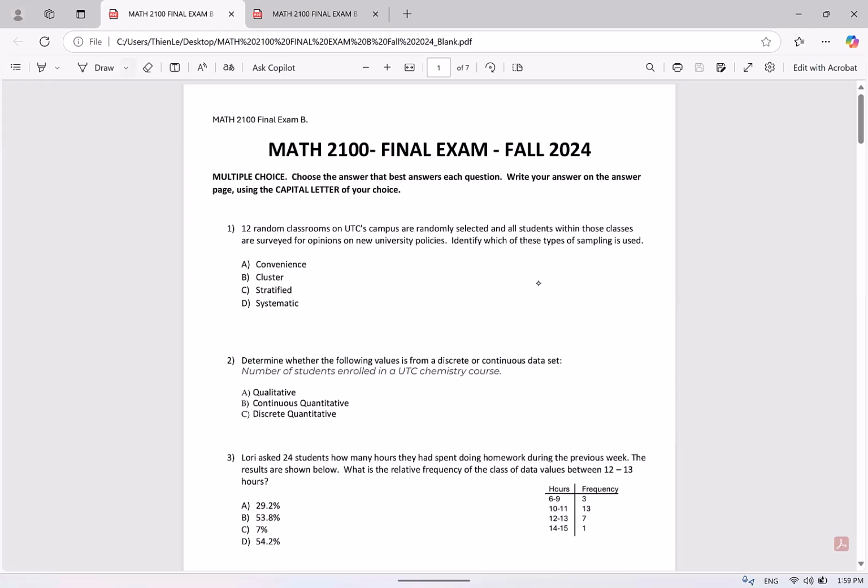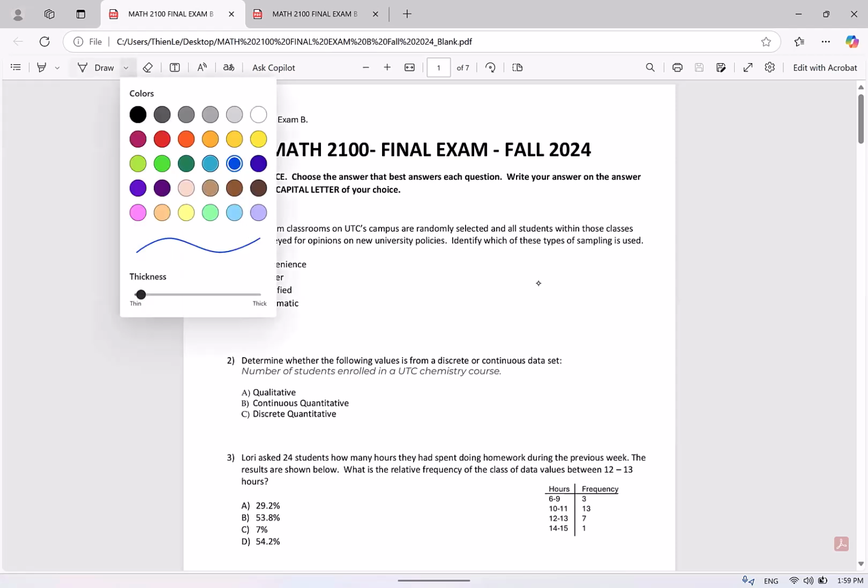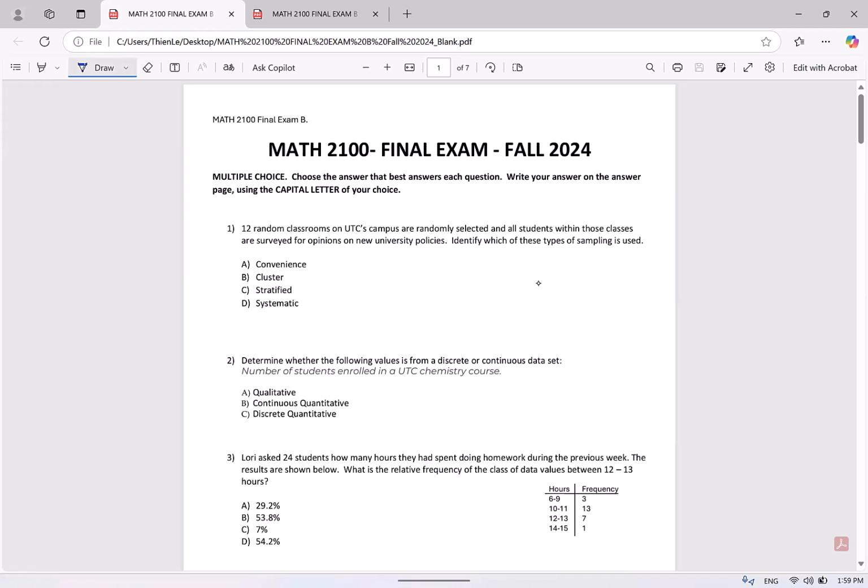First you choose 12 classrooms among maybe 100 classrooms. I don't have the exact number, but you first choose 12 classrooms, and then for each classroom you survey all students. So the word "all" here is the term you need to pay specific attention to.